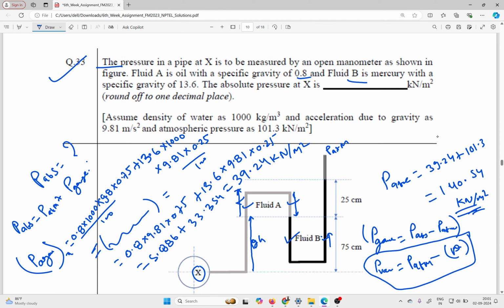If atmospheric pressure is here and you are measuring from here, and your pressure lies here, then it is in a vacuum condition. Remember please, if you put the pressure values on this coordinate. So this is the concept behind vacuum pressure, gauge pressure, and absolute pressure. With that, today I will close the discussion.